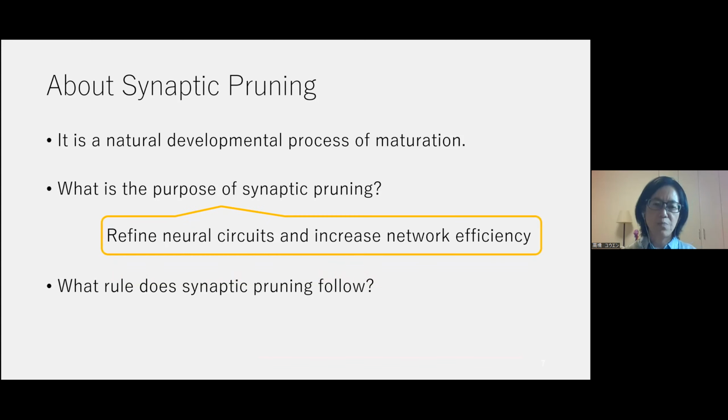Synaptic pruning appears to have the function of refining neural circuits and increasing network efficiency. It's like there may be many, many different streets, different routes that we can take to go from our home to our workplace.